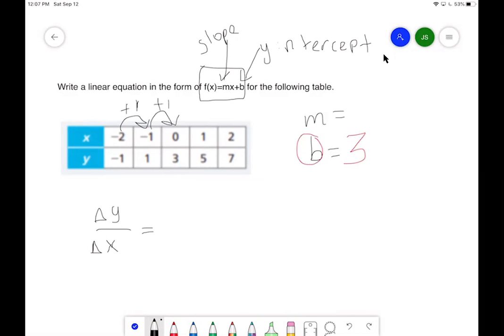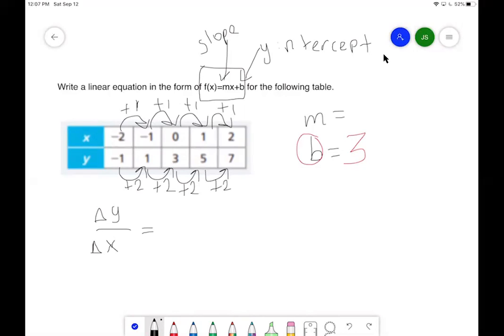So plus 1, plus 1, plus 1. And it's very important for you to include the sign of it so we know whether it's adding by 1 or subtracting by 1. Now I got to check the pattern for what's happening with the y. So I see that this one is adding by 2, and then 1 plus 2 equals 3, and then 3 plus 2. So I see that there's a constant pattern here.